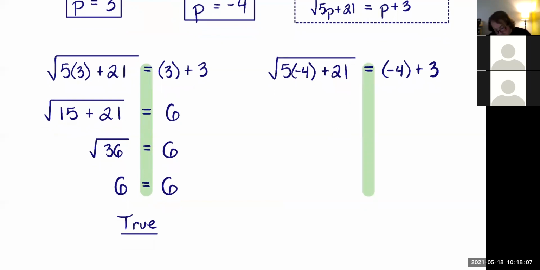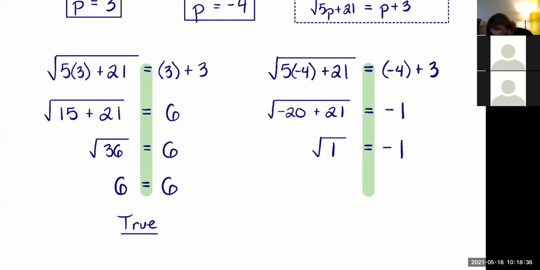On the left-hand side, what's 5 times -4? -20. On the right-hand side, is that parenthesis really doing anything? No. What's -4 plus 3 then? -1. On the left-hand side, what's -20 plus 21? +1.